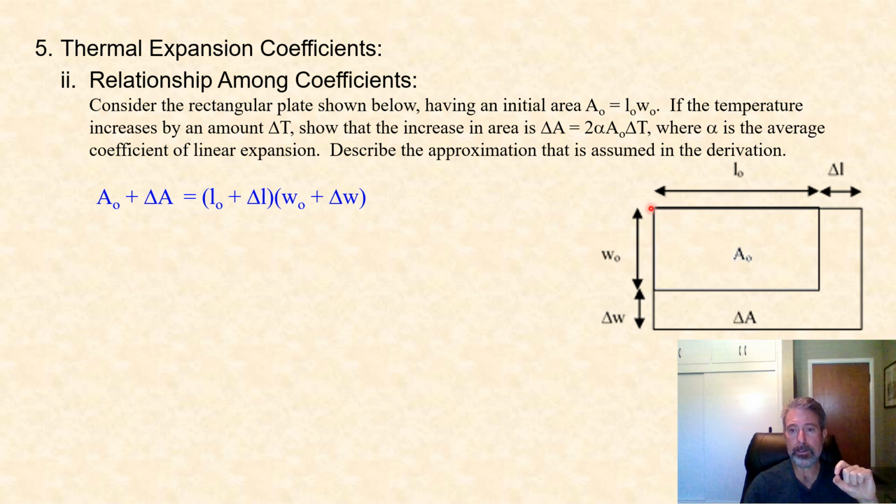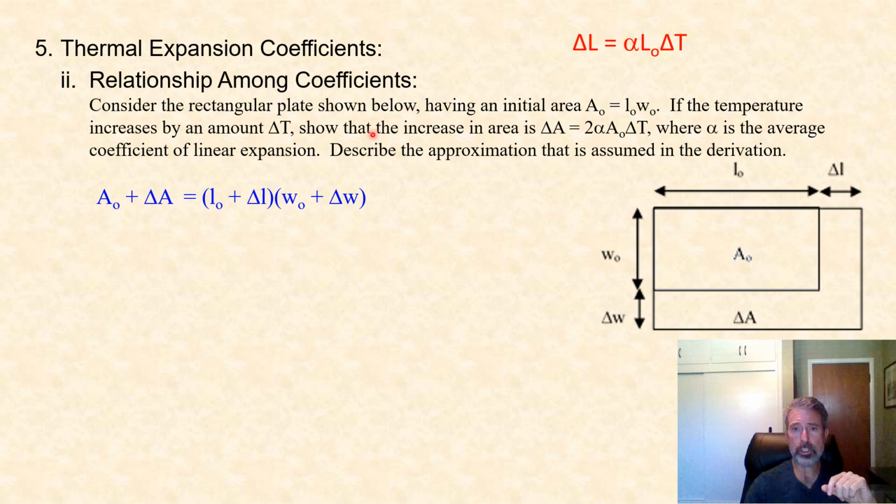So the area we end up with, this larger rectangle, is just its length times width. So we'll say its length L naught plus its change in length due to the expansion, okay, times its width, its initial width W naught before the temperature change, and after the temperature change, the width is increased by an amount delta W.